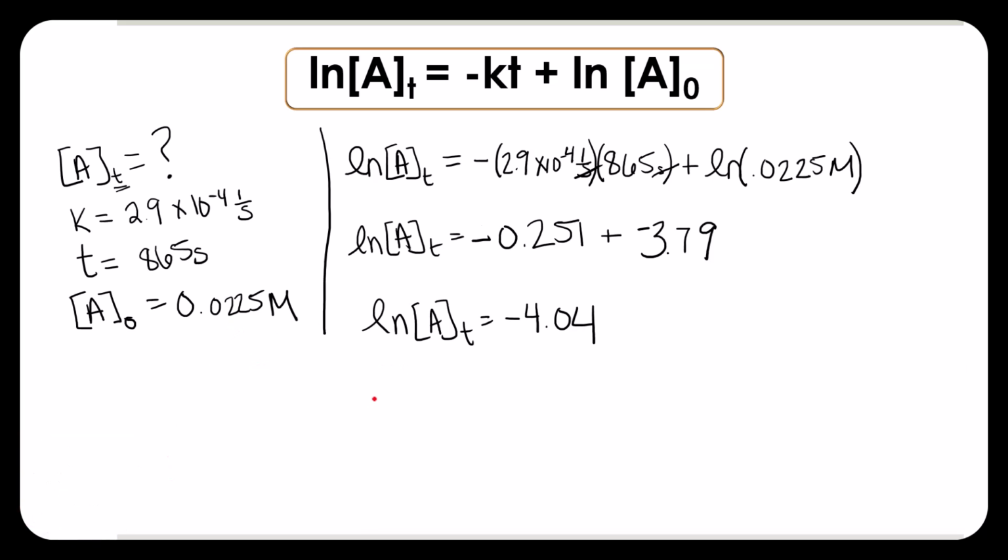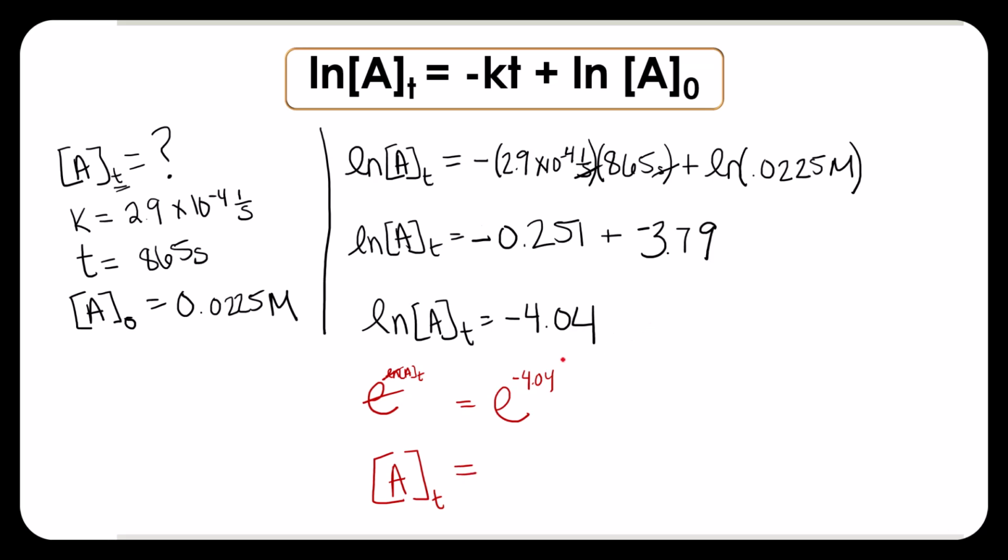So what that looks like is e to the natural log of the concentration of A equals e to the negative 4.04. Natural log and e cancel each other out because they're inverses of one another, and we end up with just the concentration of A.